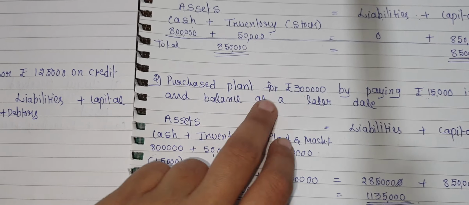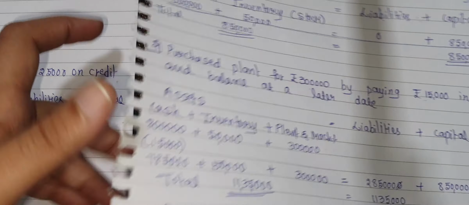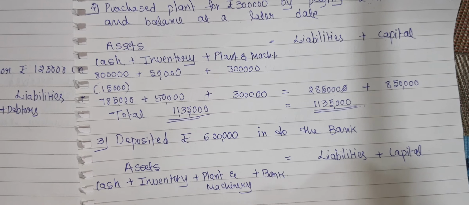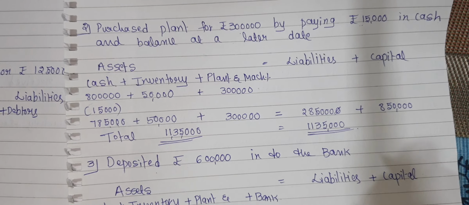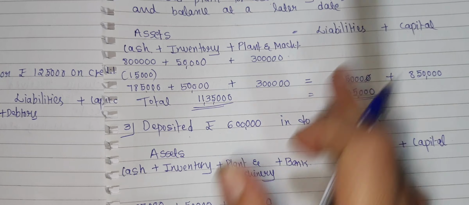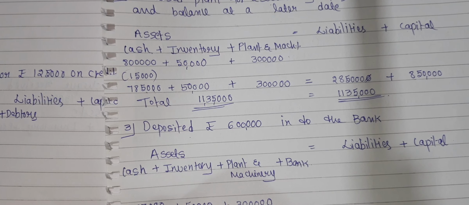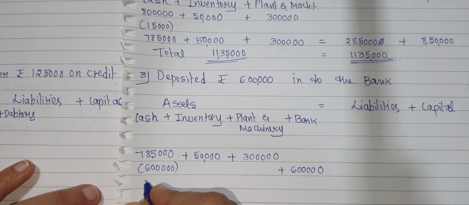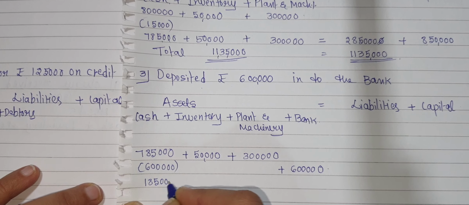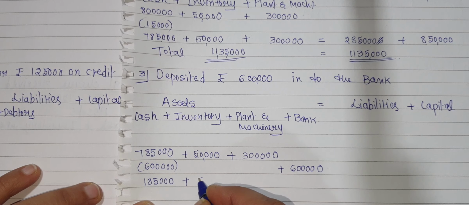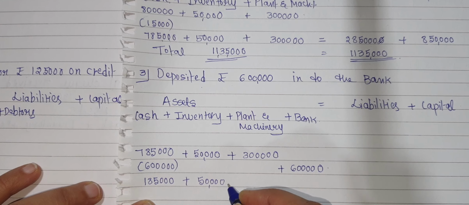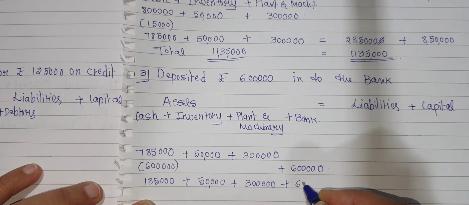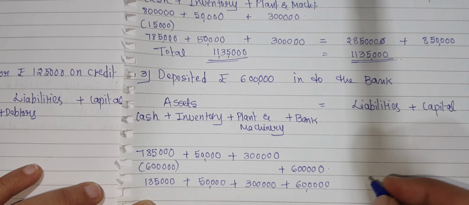And bank amount also increased by rupees 6 lakh. So 7,85,000 minus 6 lakh equals rupees 1,85,000 cash with us, plus 50,000 stock, plus plant and machinery 3 lakh, plus bank amount, that is rupees 6 lakh.